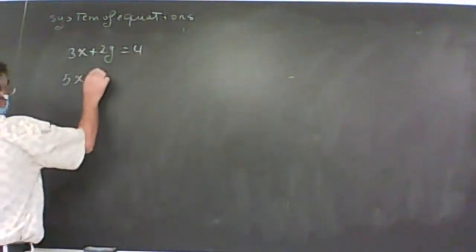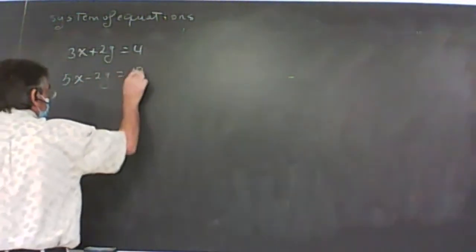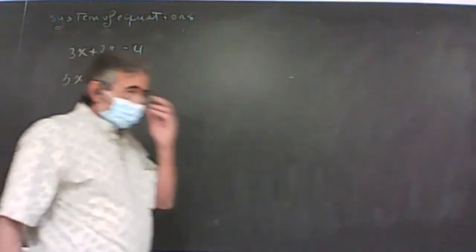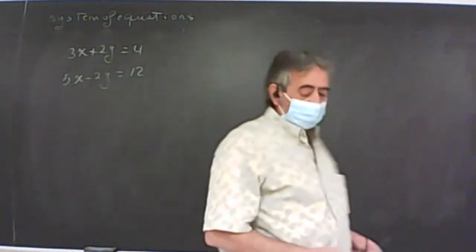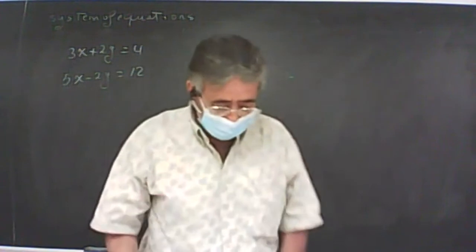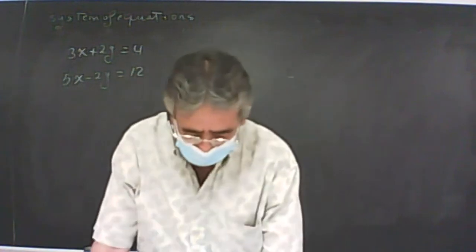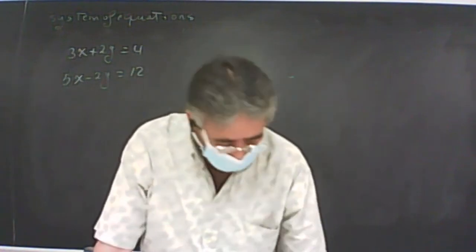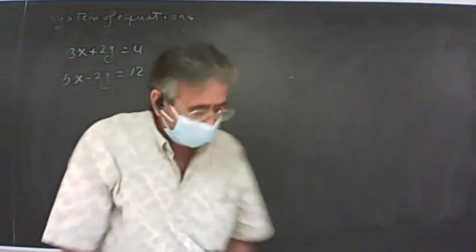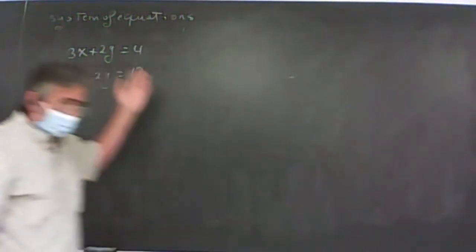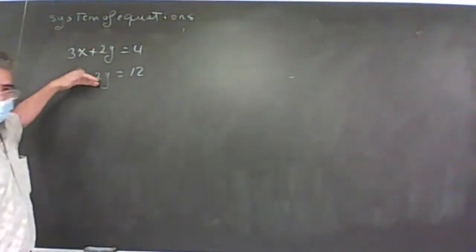Okay, let's look at example 2. Not that much, but anyway, let's do example 2. This one we just did that, right? We have 2y minus 2y, add them together, they're gone. Let's do another one.